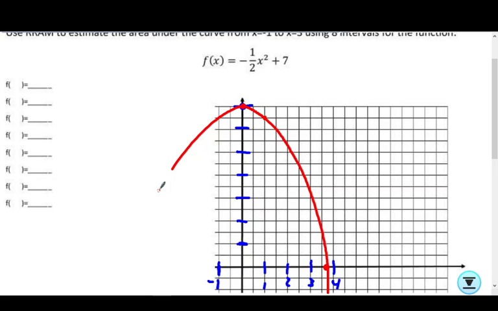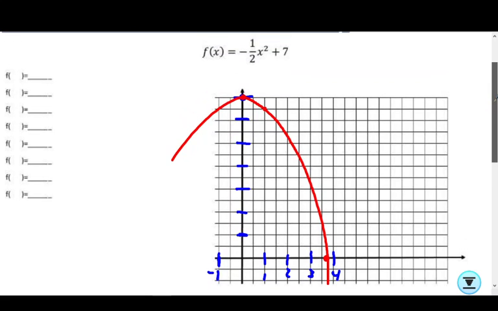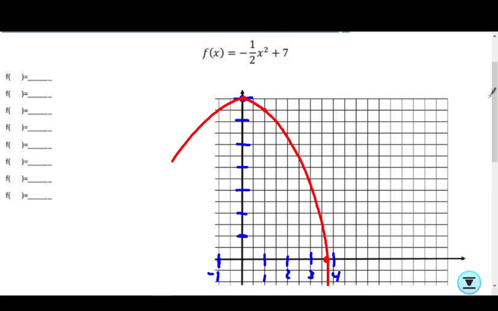So we're going to be creating 8 rectangles. When I draw these rectangles in, they're going to hit at the right side. So from -1, there's 1, 2, 3, 4, 5, 6, 7, 8. My first rectangle is going to be right here, come up, and hit on the right side. It's going to look like that.